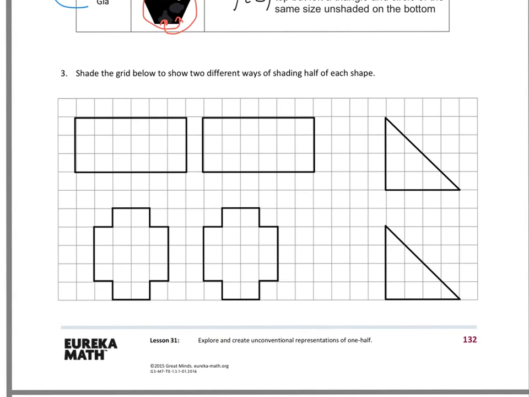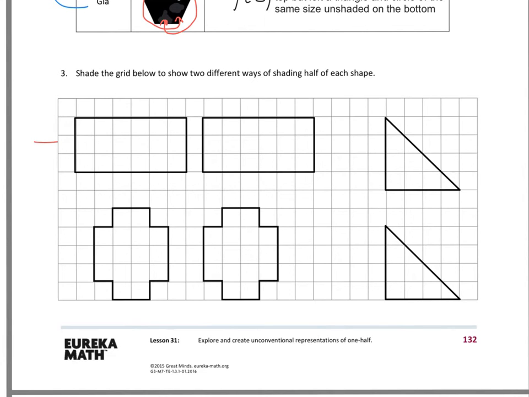Now for 3, we're just shading the grid below to show different ways of shading half of each shape. So the big thing here is to count how many boxes to find the area. So I could count the number in here, or I could find the dimensions. It's going to be a little bit easier, I think, to count.